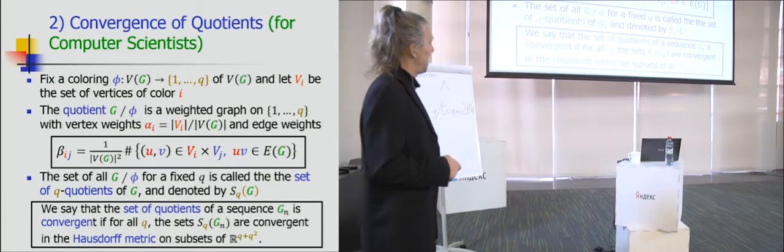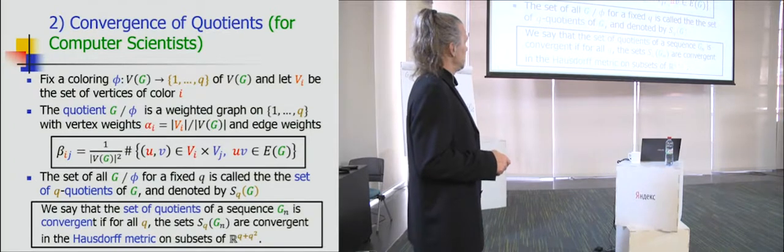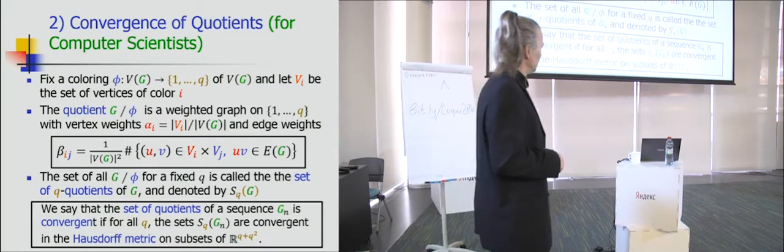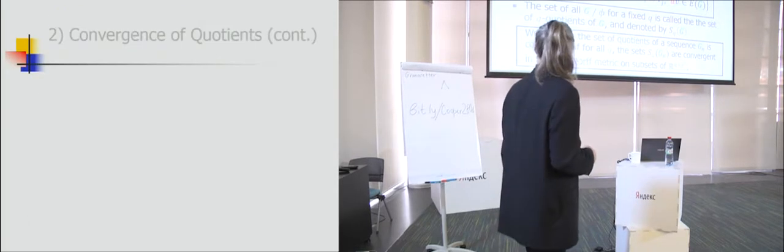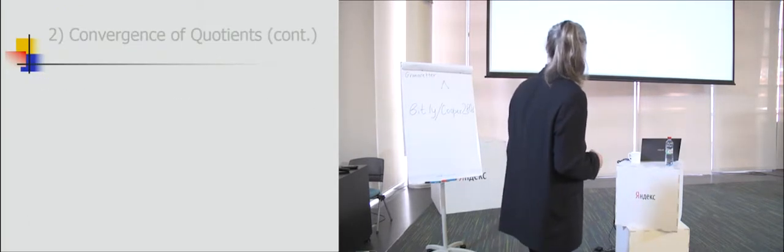Now we define the sequence to be convergent if this set of q-quotients converges in the Hausdorff metric. Let me see whether I give a definition. No, I don't.